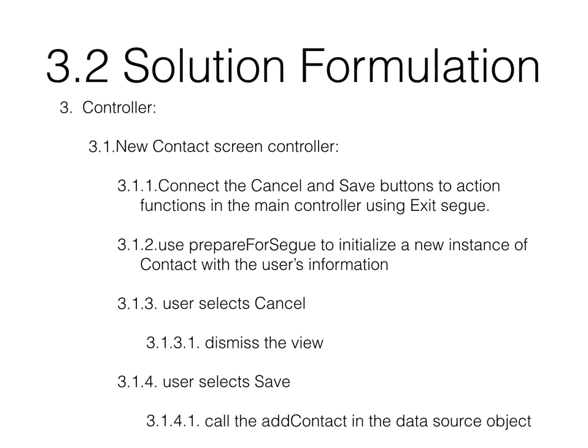And then when the user clicks save, we need to go back to the main controller with a save operation. So that's an exit segue towards save. And we'll see how we're going to connect both of them. And then we have the cancel, which will not do anything in that regard. And we will use prepare for segue to initialize a new instance of contact with the user information.